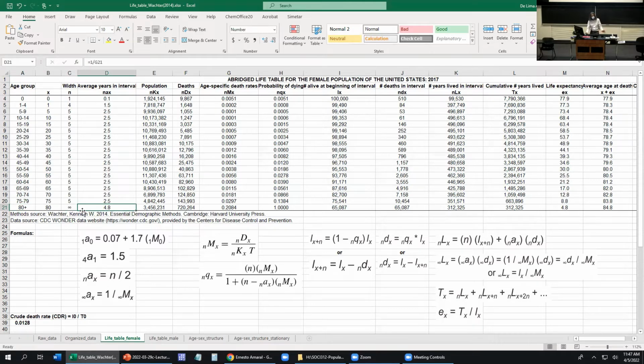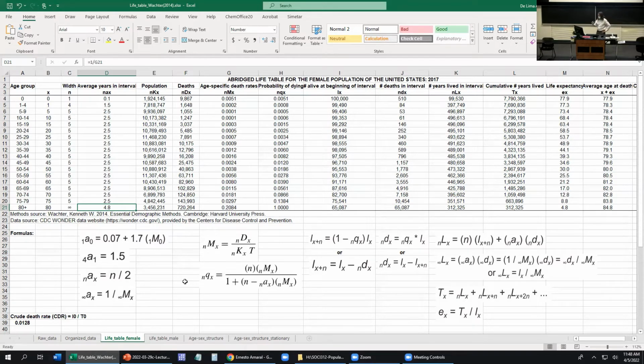So we also use information on the mortality rate of the last group. We just do 1 divided by 0.2084, just divide 1 by this cell here. This exercise forces everybody to die in that last age group, okay? So in this case, 4.8.